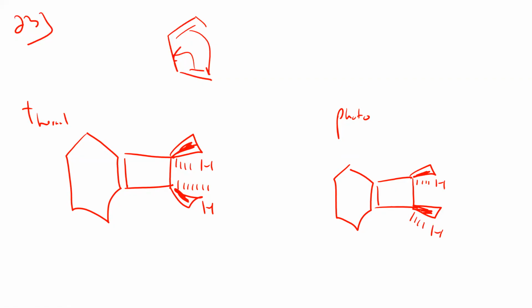So you have that. So the photochemical ring closure is disrotatory, and the thermal closure is conrotatory.